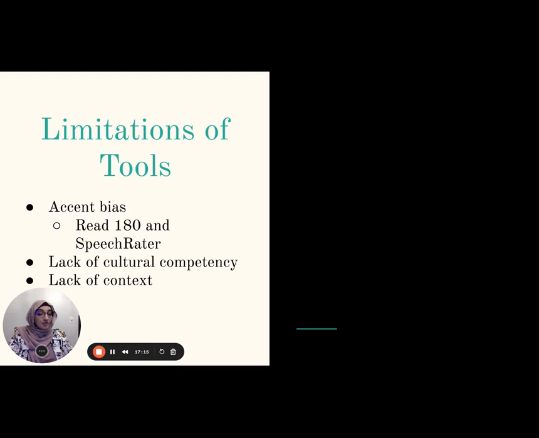There are also limitations of the tools. Accent bias is one of them. Read 180 and SpeechRater both assess proficiency or pronunciation, and this propagates accent bias. And this is not asset-minded thinking. This is deficit-minded thinking. This could impact the results of language proficiency scores. There's also a lack of cultural competency and a lack of context in some of the assessments.